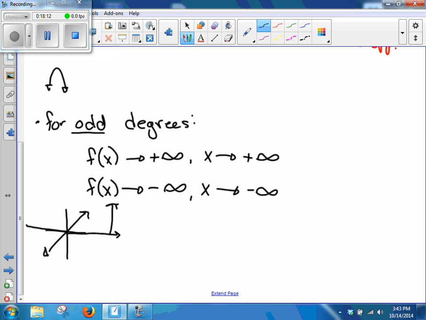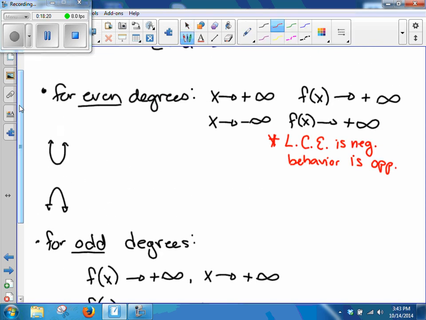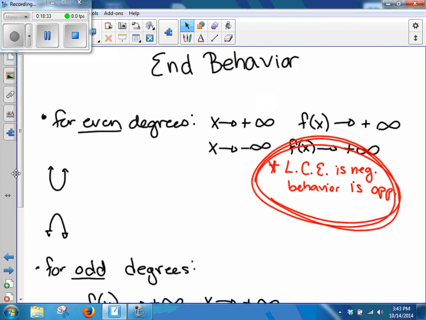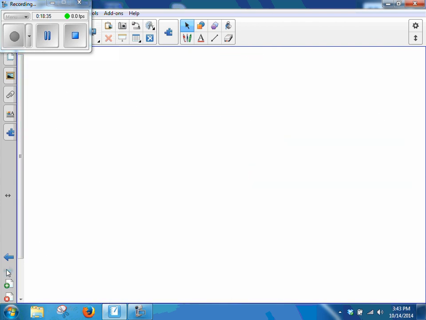As your x's get smaller, your y's get smaller. That's end behavior. And again, just remember, if your leading coefficient is ever negative, you're basically changing your behavior signs. All right, so hopefully end behavior is starting to click a little bit more.